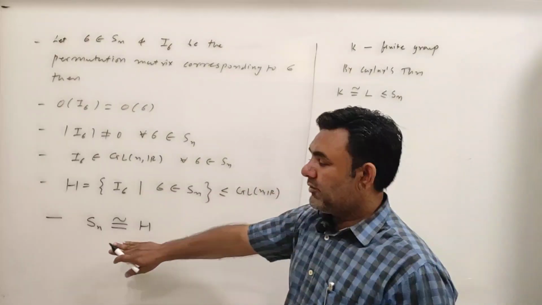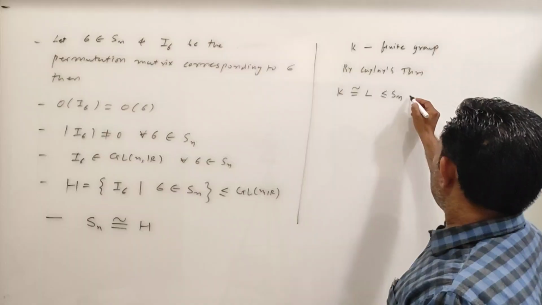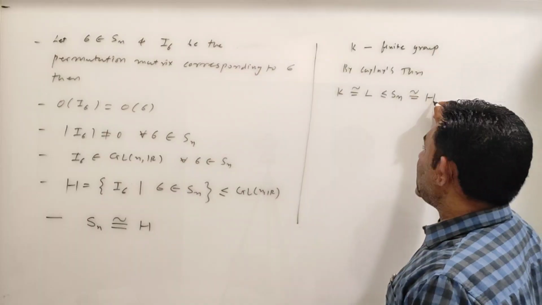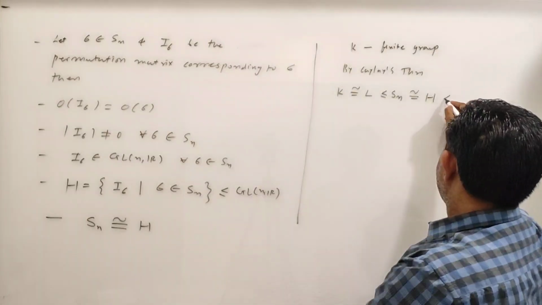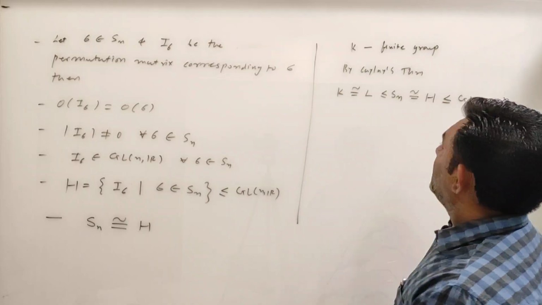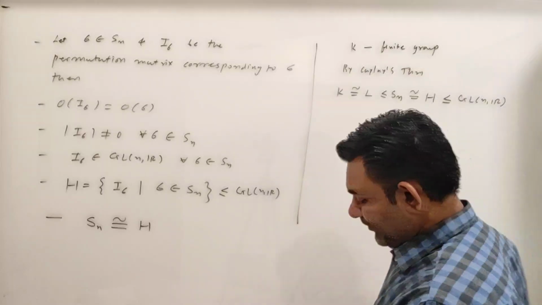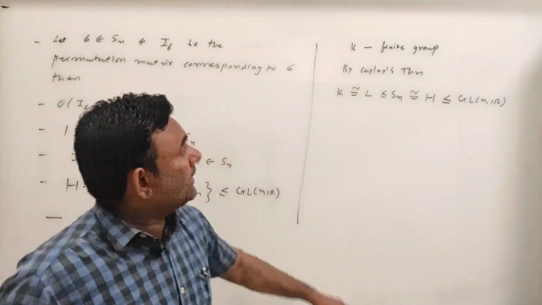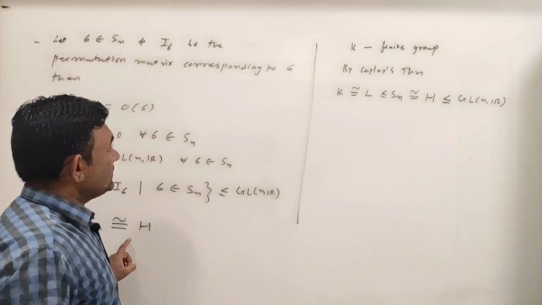Now from here what have we proved? Sn is isomorphic to H, and H is some subgroup of GLNR. So we have this link. What can we conclude from this one and this one?